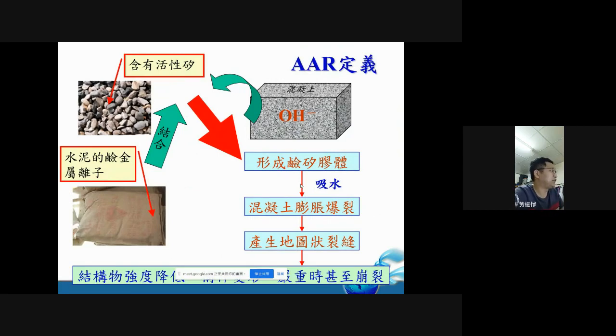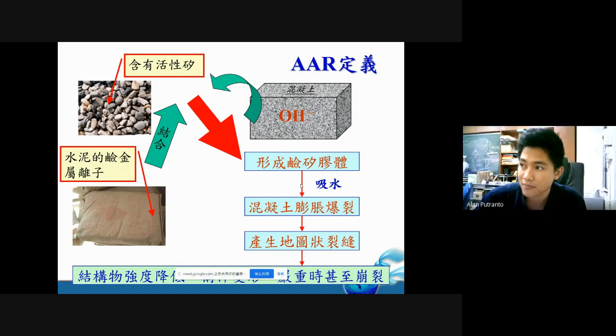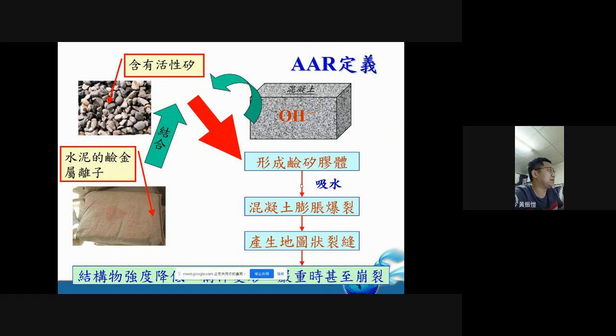Actually for AAR there are three requirements, and all three have to be met for the AAR to happen. The first is the alkaline aggregate, an aggregate which has a lot of alkali. The second is the alkaline environment. Professor mentioned that in the old days the pH value of the cement was really high, so AAR happened a lot. So people tried to reduce the alkalinity in the cement, and the equivalent alkali should be lower than 0.6.